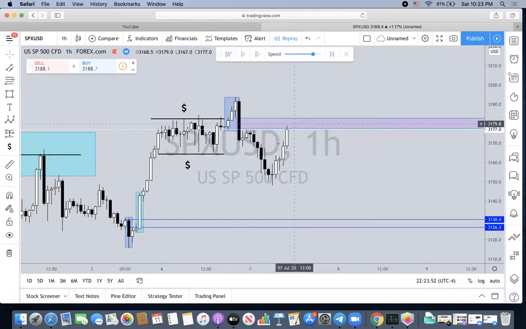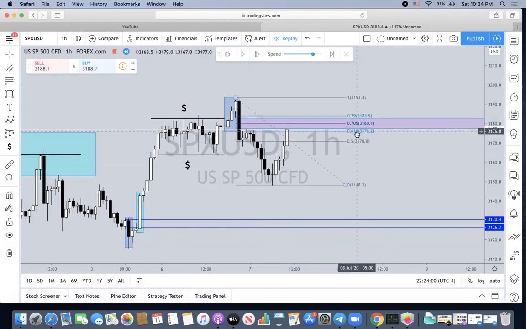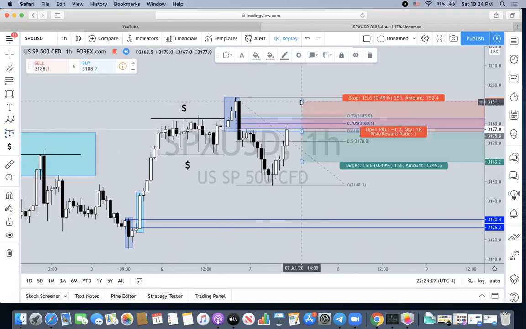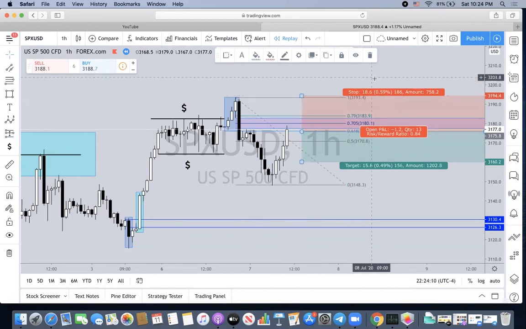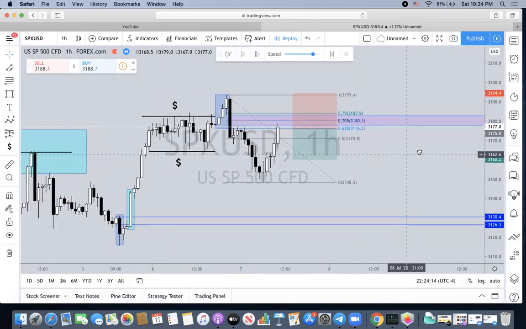But either way, as you see this market come back up here, you can start taking any positions. Let's say you took one at the 68 or the 61.8, and this is why we trade this way, because look, at most you're going to risk 18 pips or 18 points, guys. That is such a small risk.